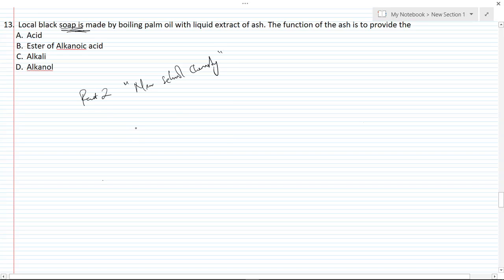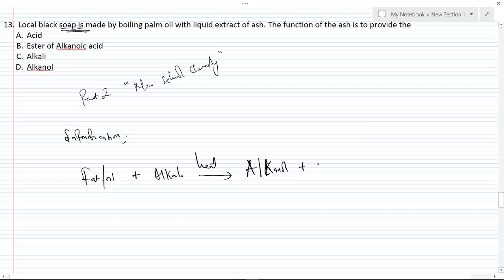So generally, soap production is called saponification in organic chemistry, and the process pretty much involves your fat and oil reacting with an aqueous alkali in the presence of heat to form alcohol, let's make that alkanol, and soap.